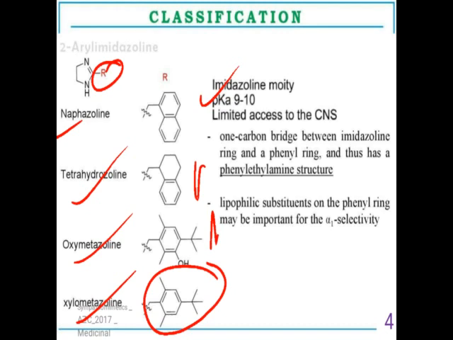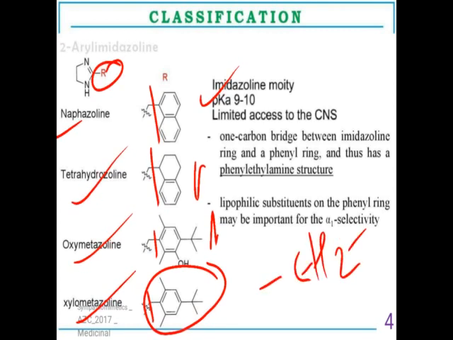When the imidazoline ring is present, it has a pKa value between 9 and 10 and has limited access to the CNS. Between these two rings you can observe only a single carbon, a CH2 group, which is the bridging unit.